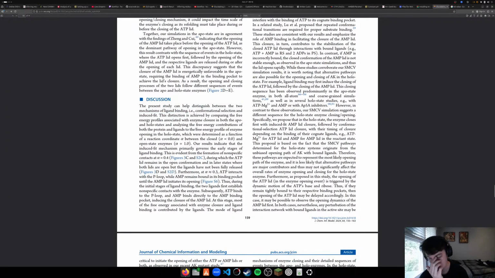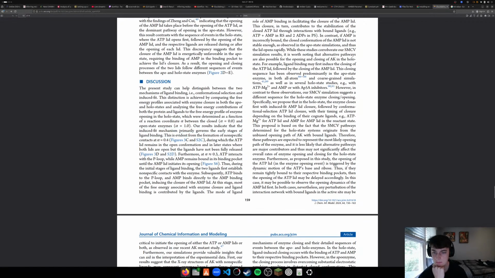So the present study distinction is achieved by comparing the free energy profile associated with the enzyme, determined as a function of between closed. The results indicate an induced mechanism primarily goes to early stages of binding.